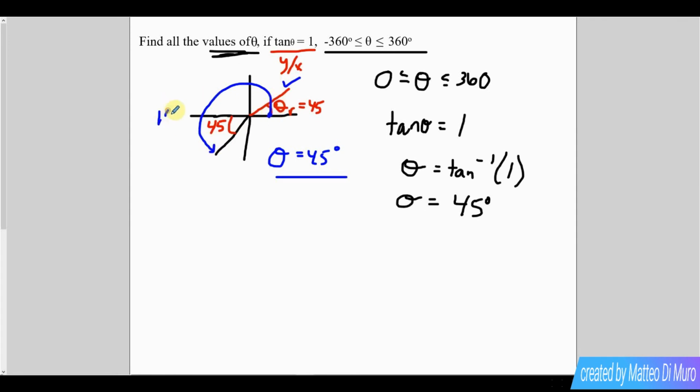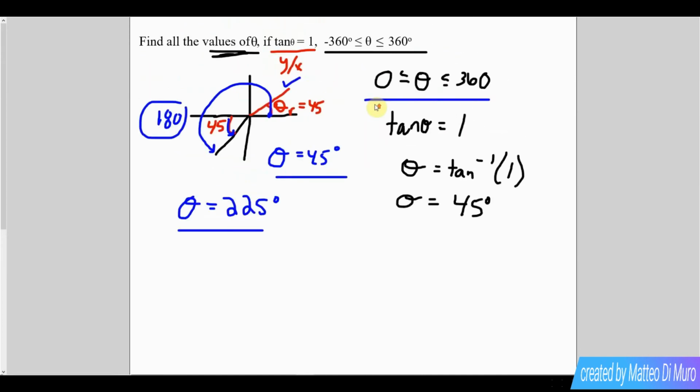Well, again, review from grade 11. The answer is 225 degrees. Why is that? Let's look at the picture for a second. If right here, that's 180, if I go an extra 45 degrees, then that's 225, right? Just add them up. Okay, so those are two answers from 0 to 360.